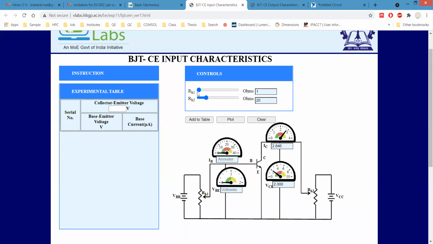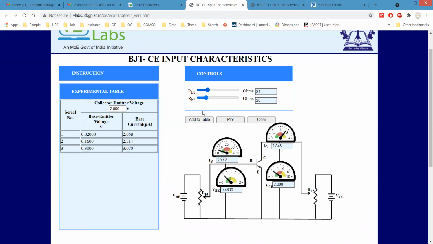So now let's have some data. For 0.02, the collector emitter voltage is 2 volt, and this base emitter voltage we are going to vary with a smaller step and add all this data.